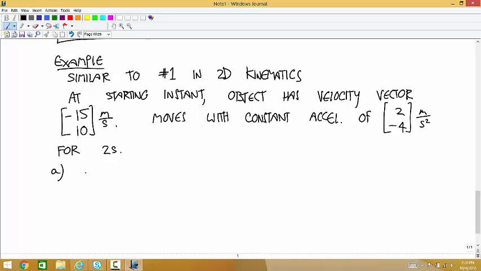So first, what's the object's velocity? I'll write that out. What's the object's velocity vector after this interval?